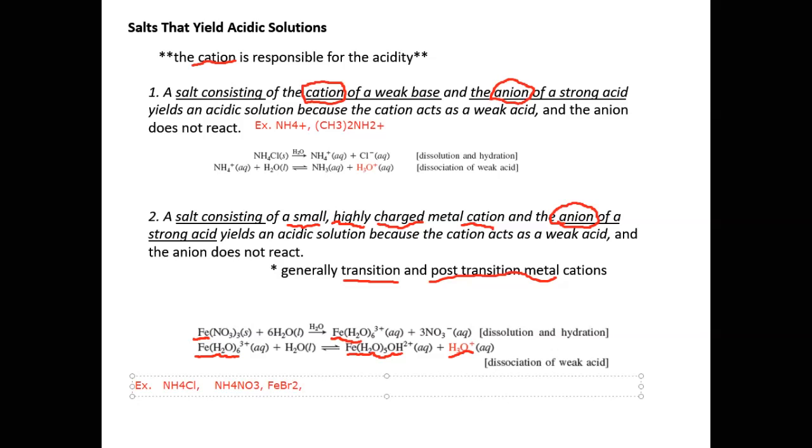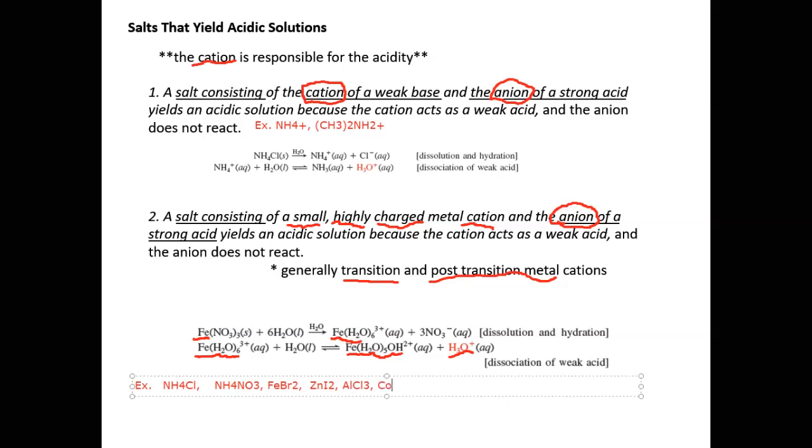Let's see. Zinc iodide would be slightly acidic. Aluminum chloride, slightly acidic. There's so many.